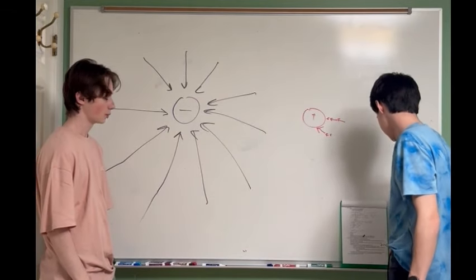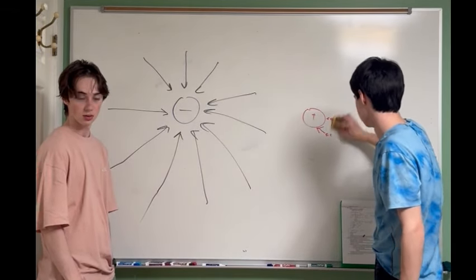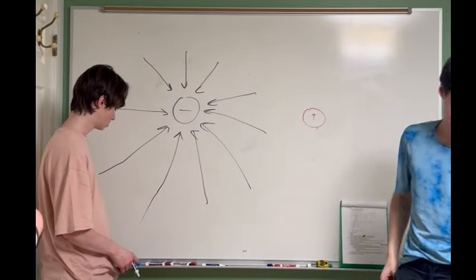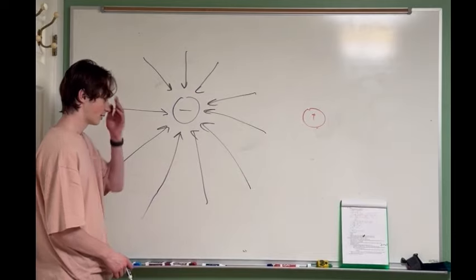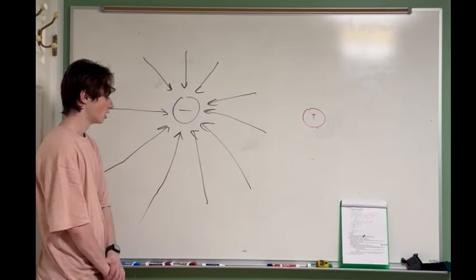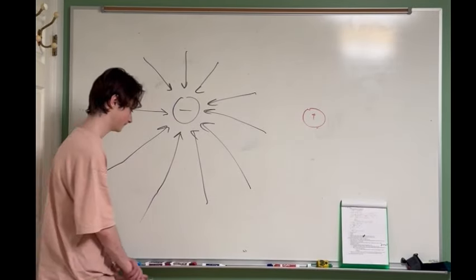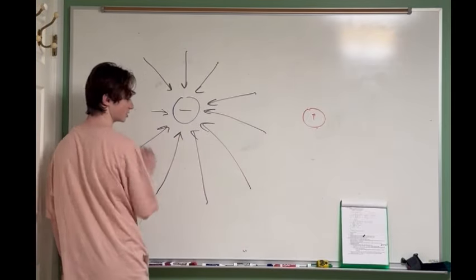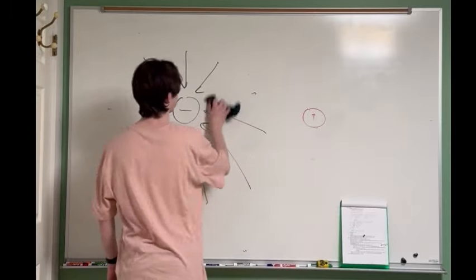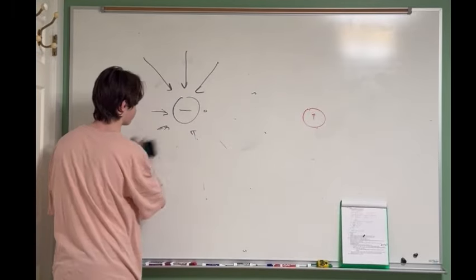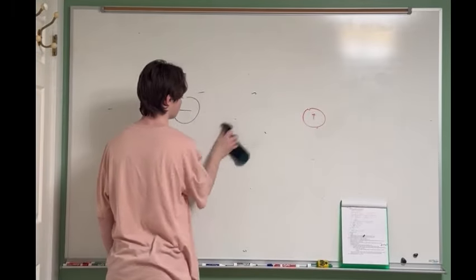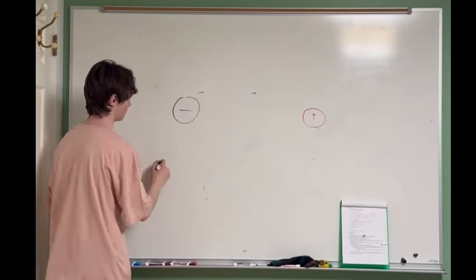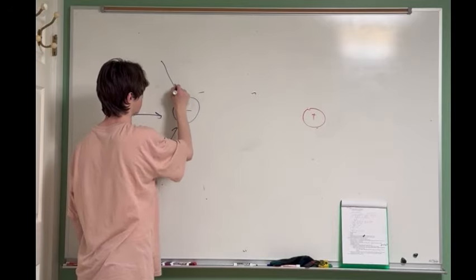That was not intentional, I was lazy. I should have drawn them more evenly. It demonstrates how strong the electric field is by the density of the arrows. Yeah, the density of the arrows shows the strength.